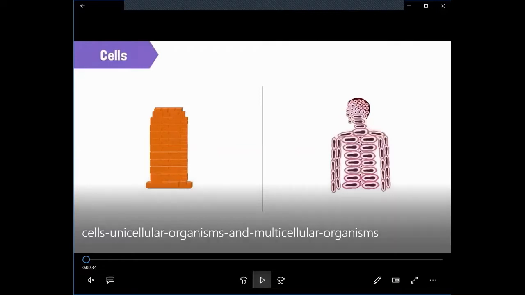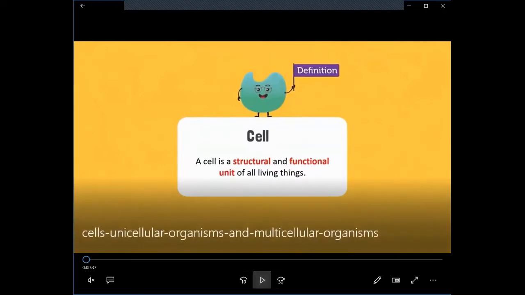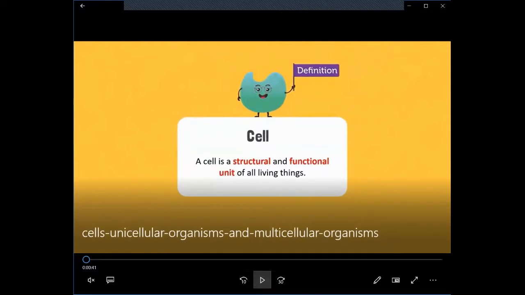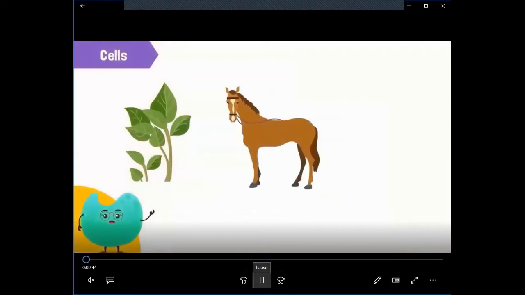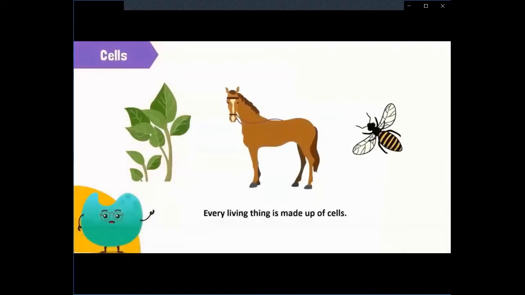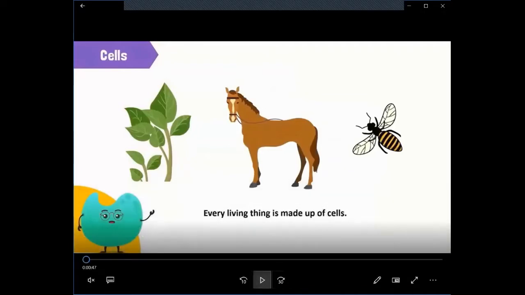So what are cells? A cell is a structural and functional unit of all living things. Every living thing is made up of cells. The plants, the horse, the insects, everything around us that has life.